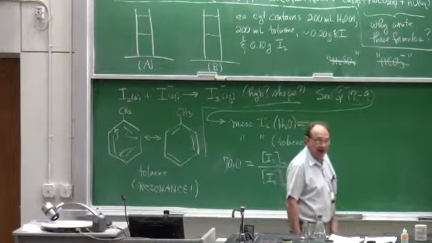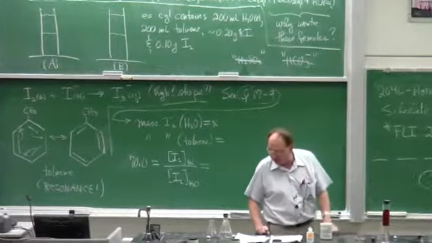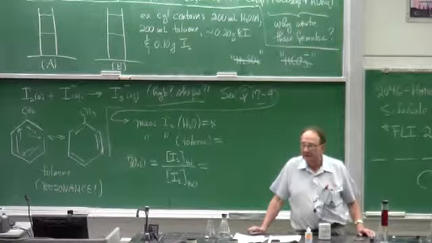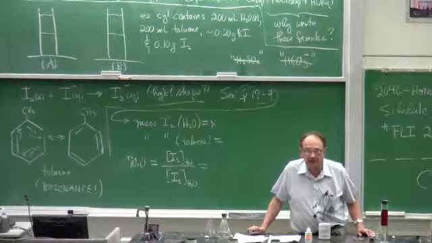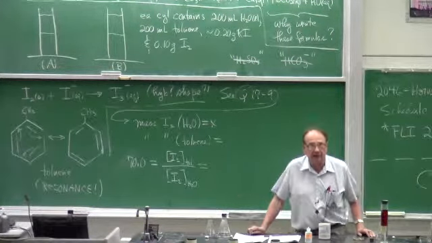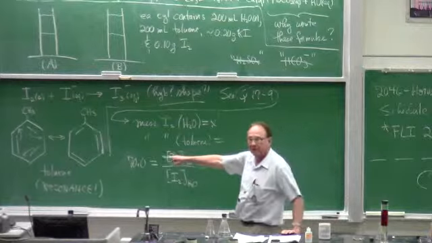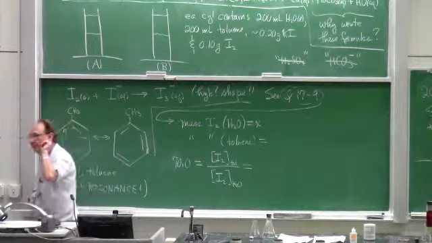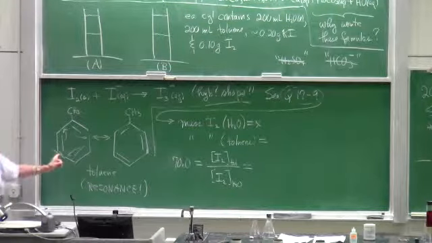Tell me why I2 is much more soluble in toluene than it is in water. They're much more electrically similar. So that tells you something about the polarity of toluene. How polar is this molecule? You think this molecule is slightly polar?